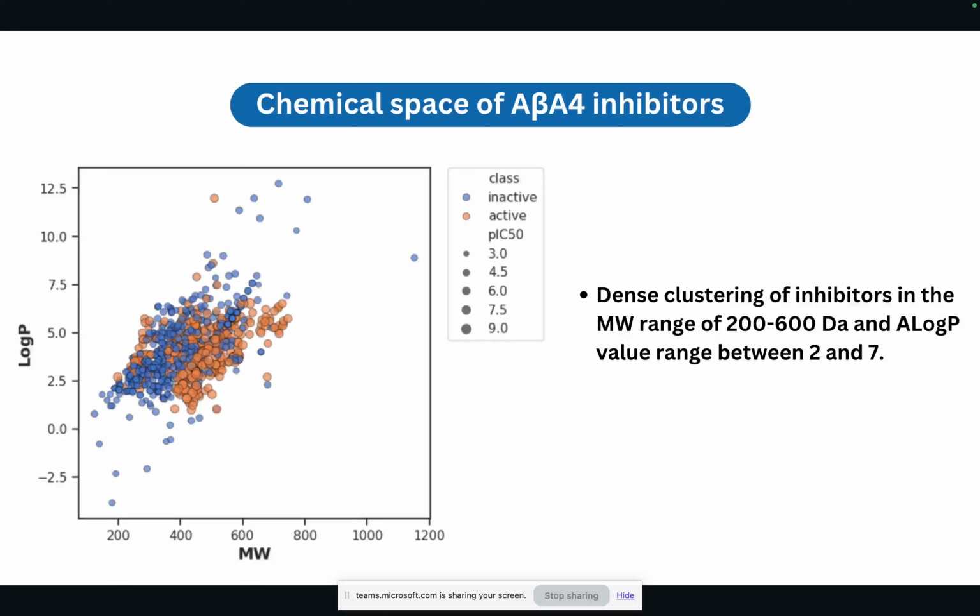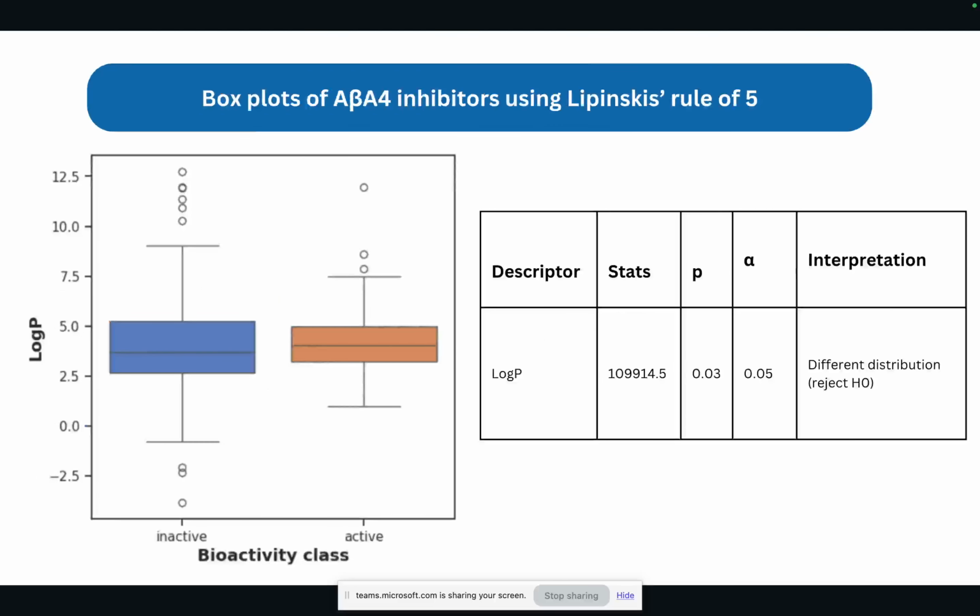If we actually look at the data with our 1,241 compounds and the clustering of inhibitors, they range in molecular weight anywhere between 200 to 600 Daltons, and the logP ranges from 2 to 7. When we talk about the Lipinski rules, logP should be less than or equal to 5.